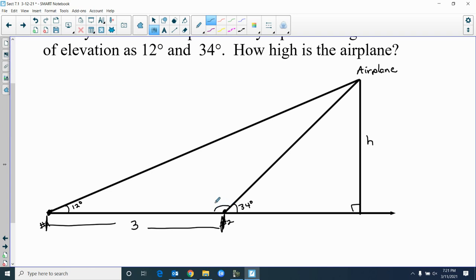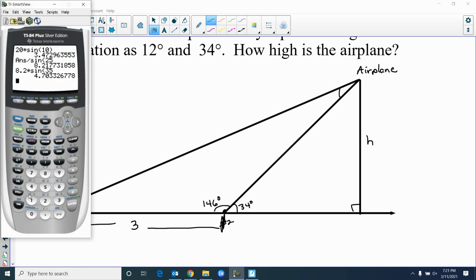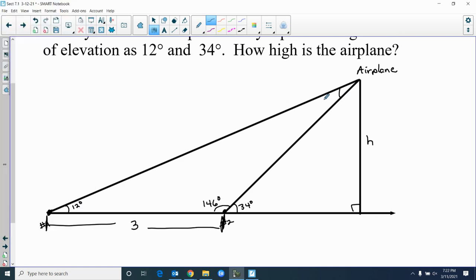That means this is 180 minus 34, which is 146 degrees. That also means that those 3 angles have to add up to 180. So if I take 180 minus 12 minus 146, I get 22 degrees.